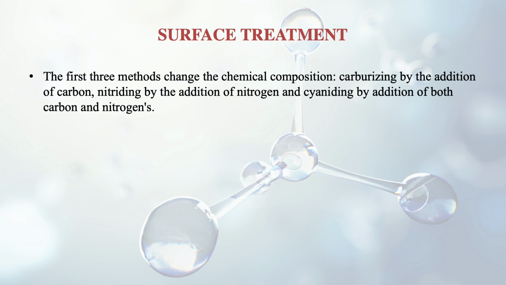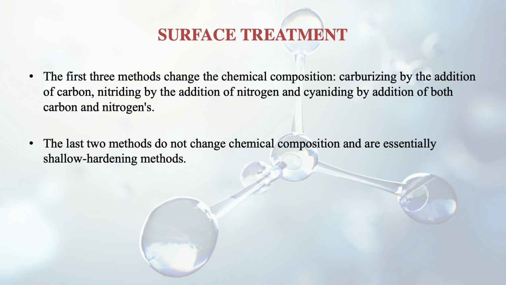In carburizing we add carbon, and in carbonitriding we add both nitrogen and carbon. Then in the last 2, flame hardening and induction hardening, there is no such chemical addition.